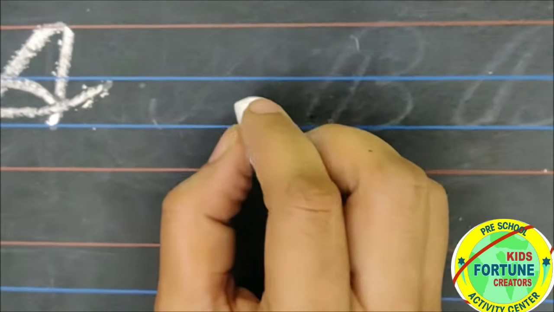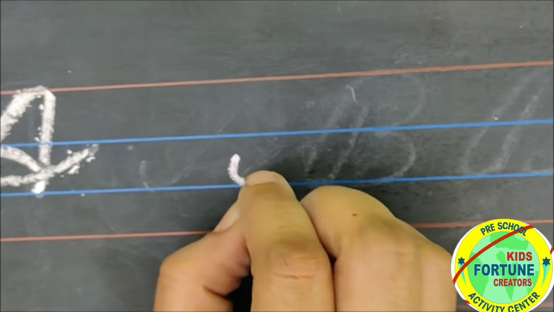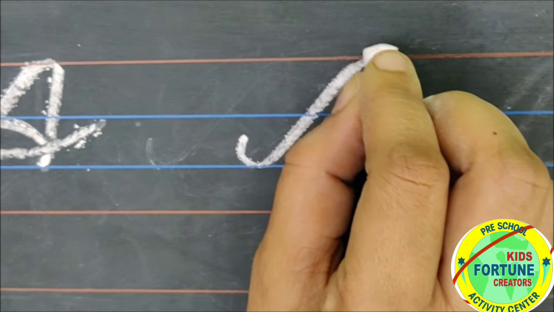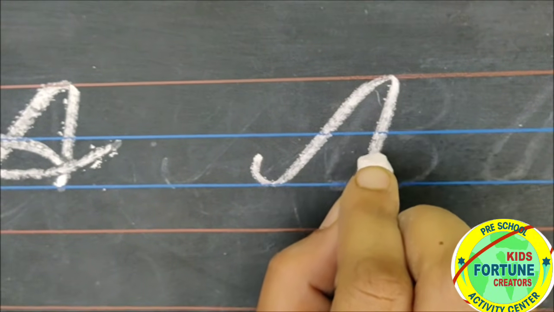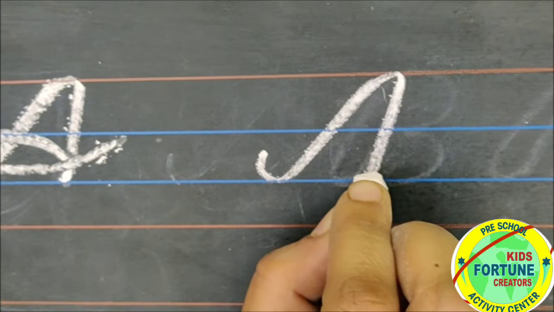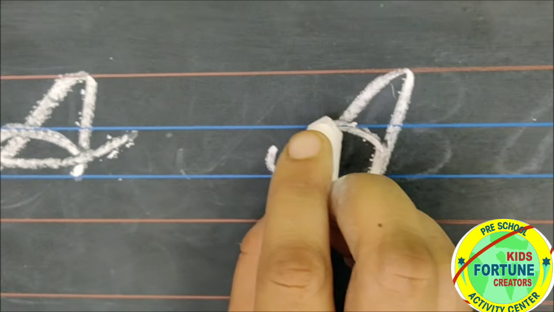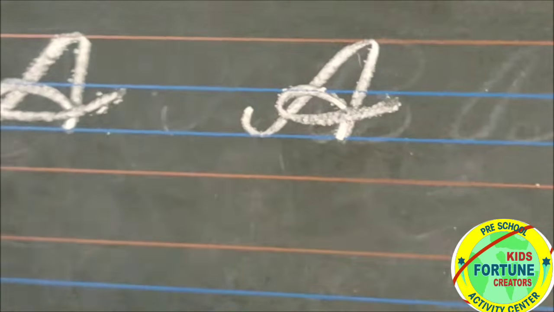One time more, go down curve, come slant line, small curve, down straight line, little bit go up, make a loop and take out with the tail.